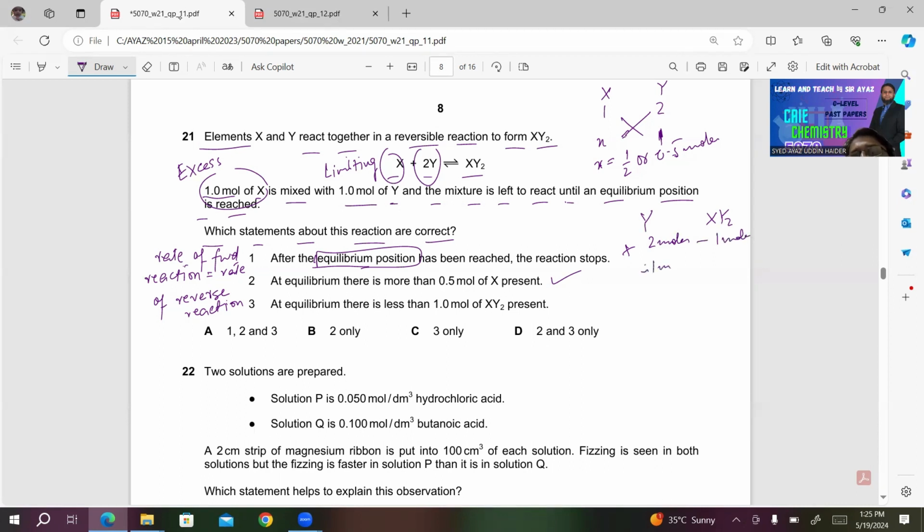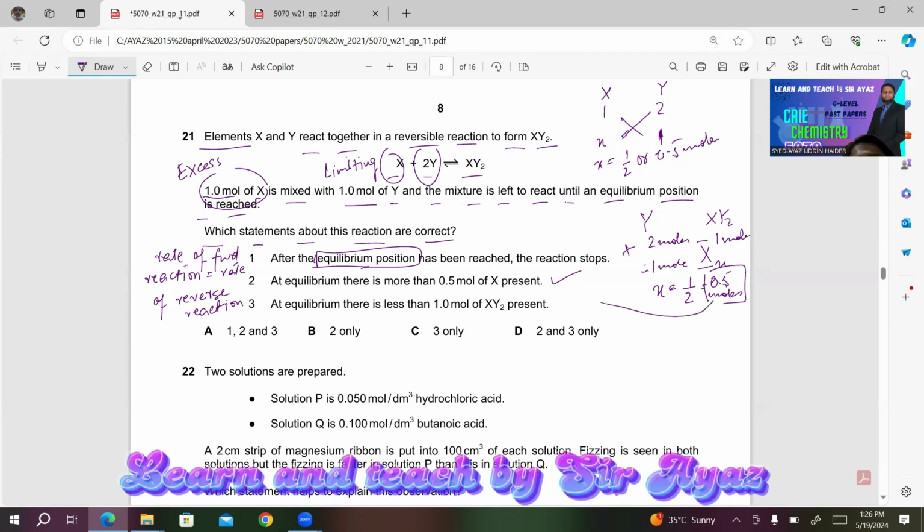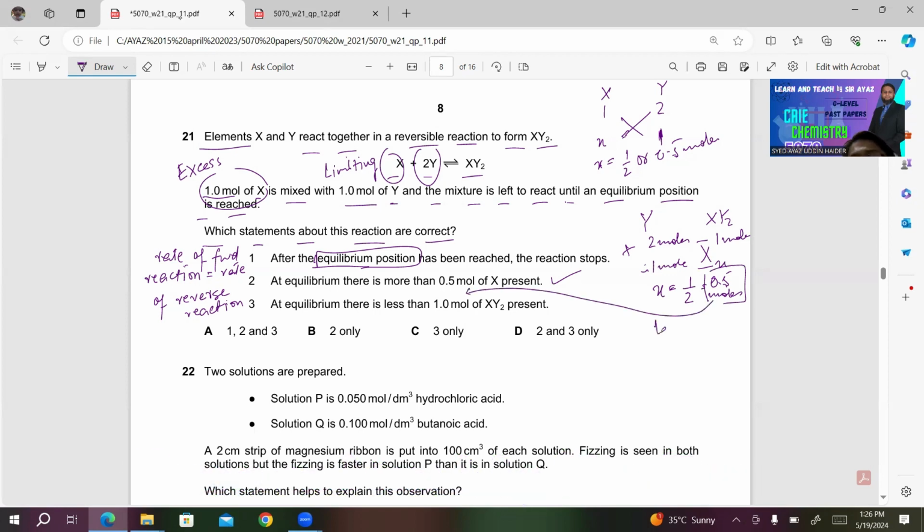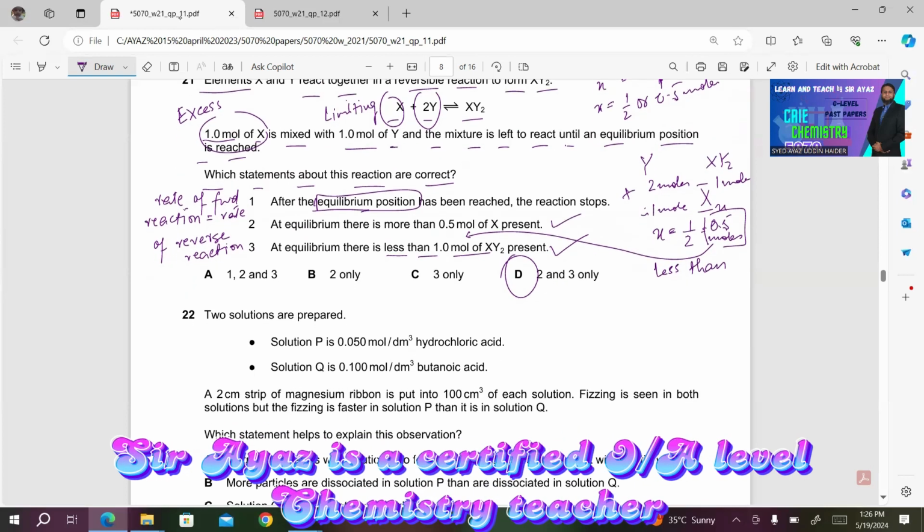Therefore, 1 mole gives X. Do the cross multiplication, you will get X is equal to 1 divided by 2, or 0.5 moles, which is less than 1. That is what they are saying. So this is also the correct statement. So D must be the right answer in this case.